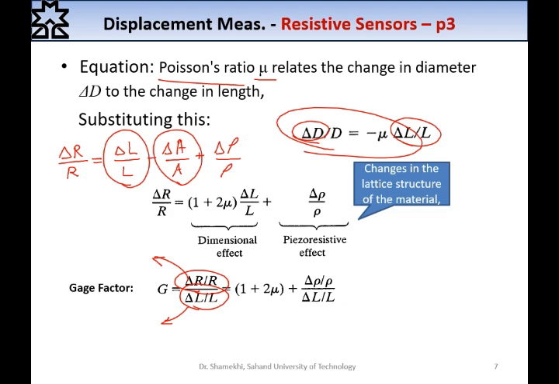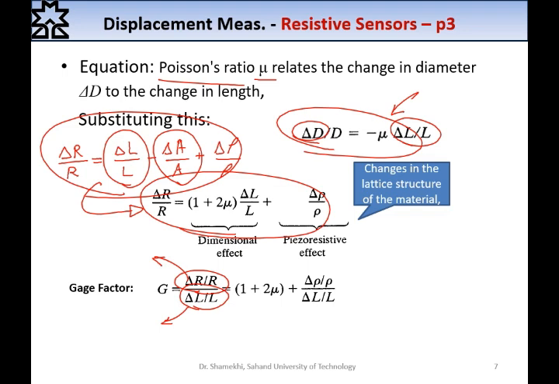When we strain a material, the diameter changes are related to the change of the length. So you should use this equation to achieve this equation from this one.